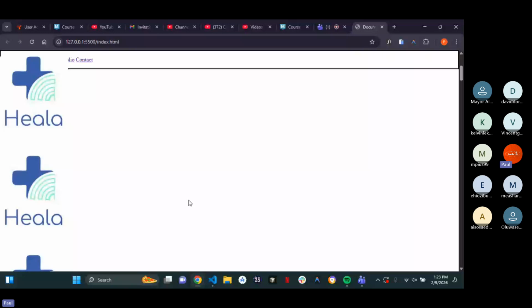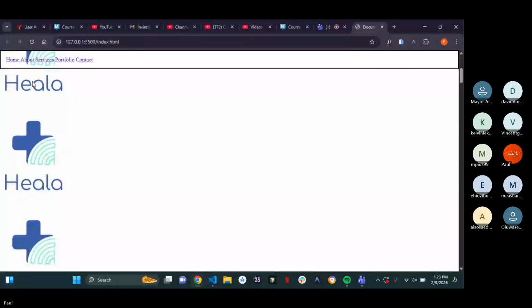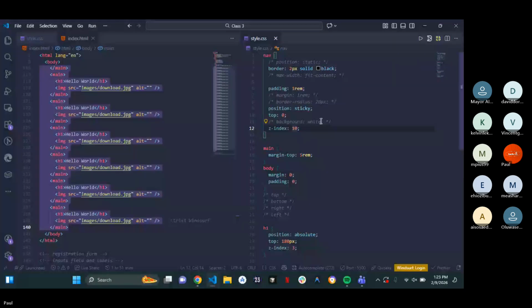I think z-index should work for this place now. Let's use a z-index of 10. It should work now. As you can see, it's bringing it to the back. So now, I think a background of white should work.